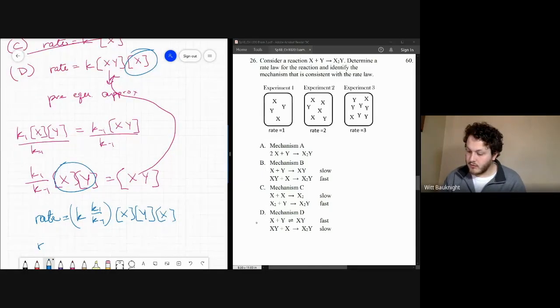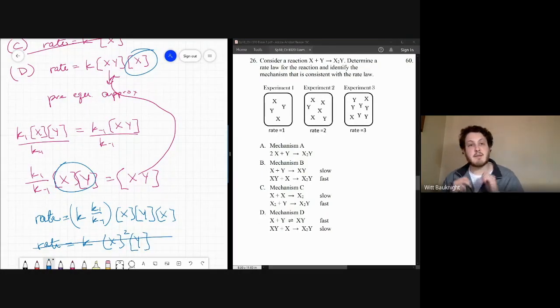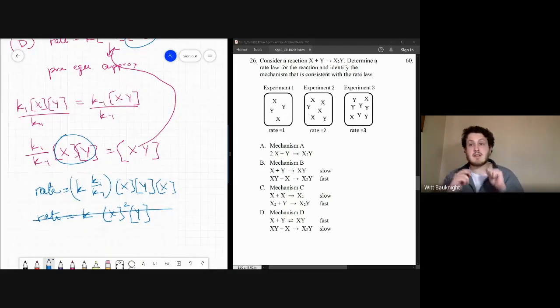So the rate from D is a constant times x squared y. And this does not match the rate law that we got from the experiments. So that is why the answer should be B.